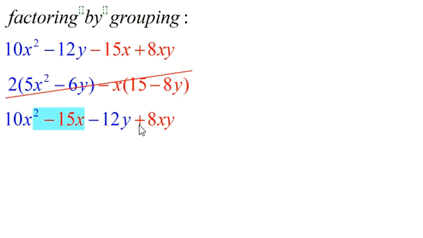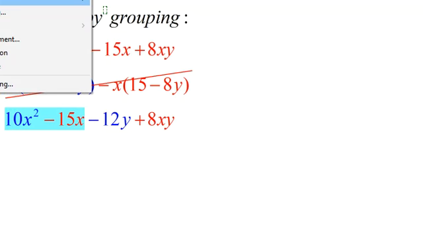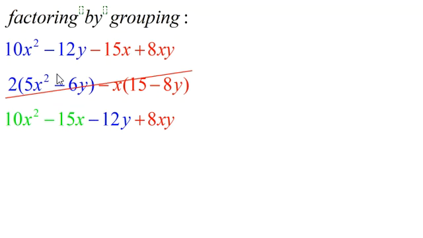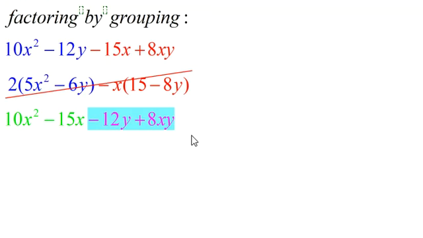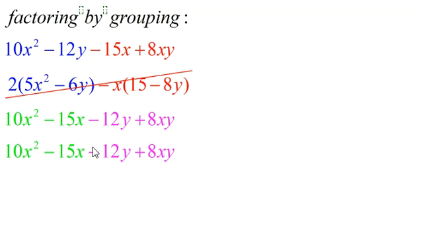I'm going to regroup this so that I have the 10x squared and the 15x together, and then I have the negative 12y and the 8xy together. So we're going to regroup them like this. Okay. Now we're going to try just the same process again and see if we have any better luck.